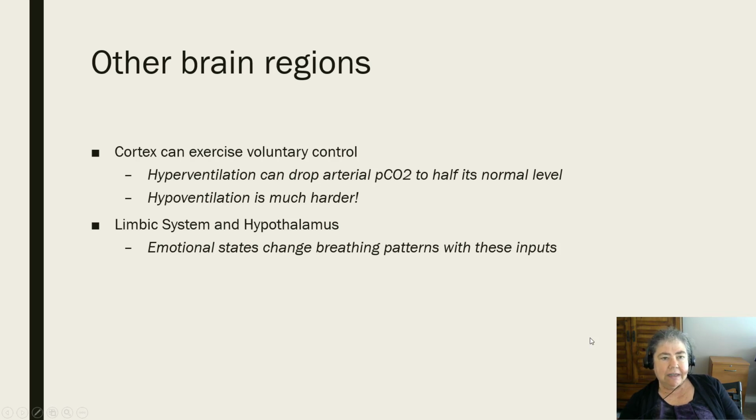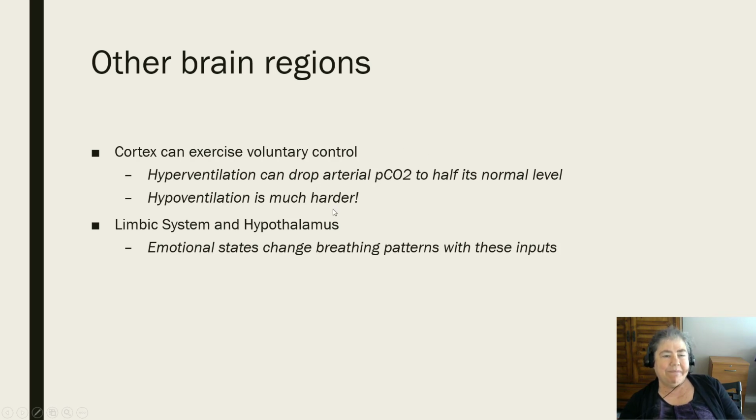I mentioned that the cortex can exercise voluntary control. So you can make yourself hyperventilate to the point where you drop your arterial CO2 quite low to half of its normal level. Doesn't feel very good, but you can do it.